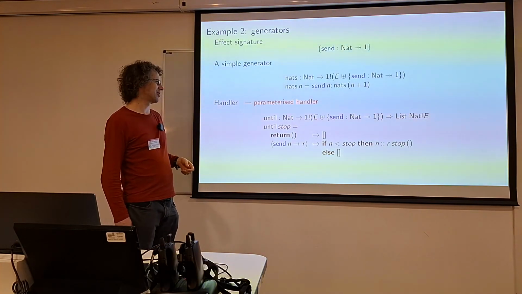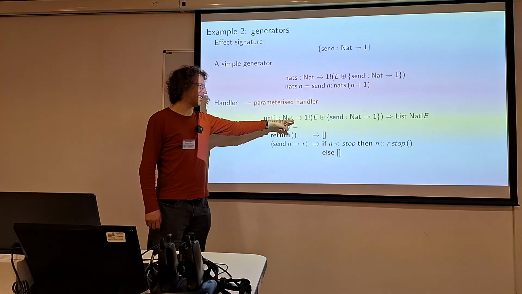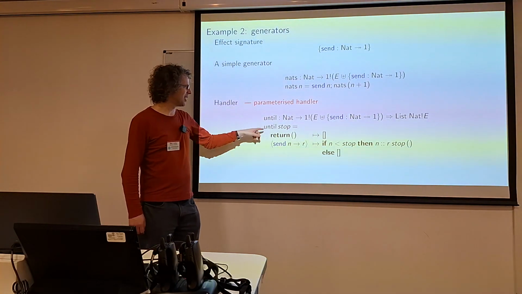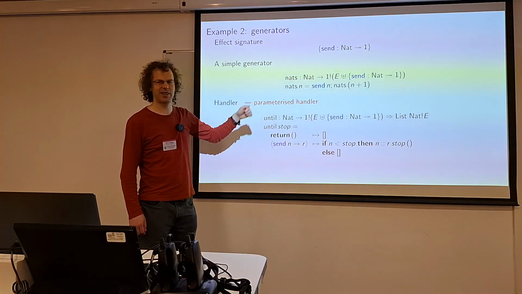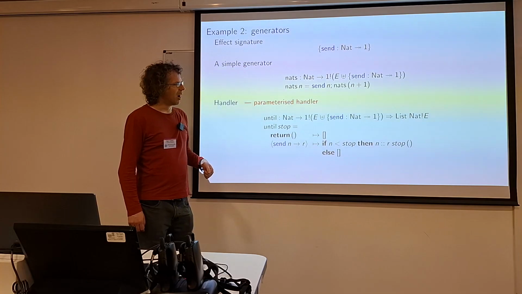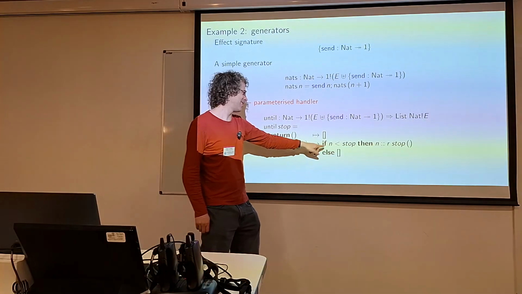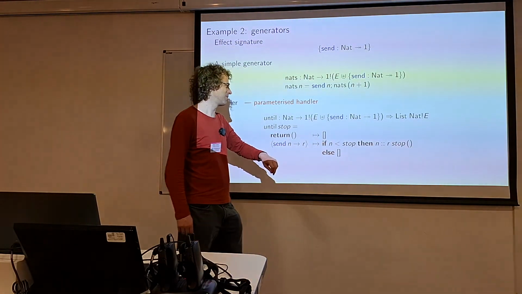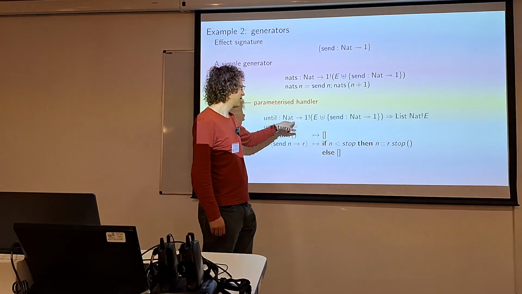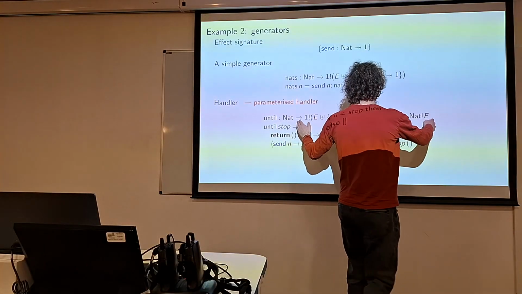So what's this example going to do? We pass in a number at which we want to stop, and it's just going to keep on consuming the generated natural numbers until the number we get is greater than or equal to stop. And here we see the type of the handler.